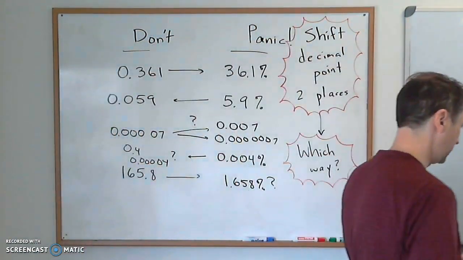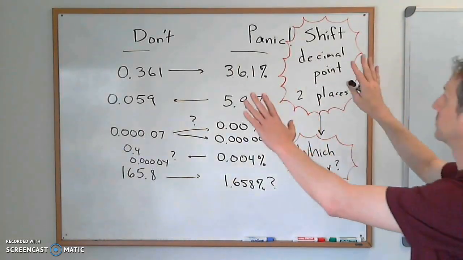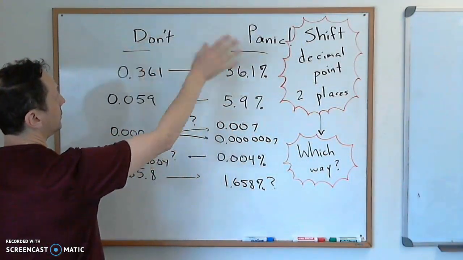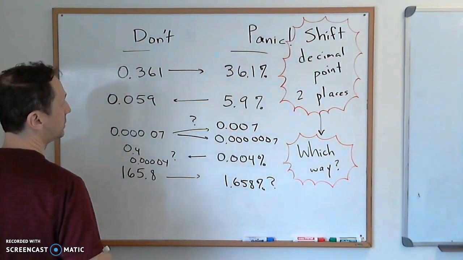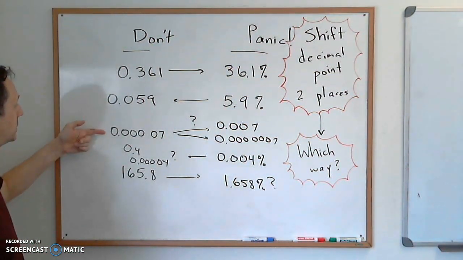Okay, so the memory device for this is DON'T PANIC. And as you can see, the D stands for decimal and the P stands for percent. So if we just remember these two words, the DP, when we're converting from one to the other, this will kind of remind us which direction to shift. Let's try this trick out with this example.